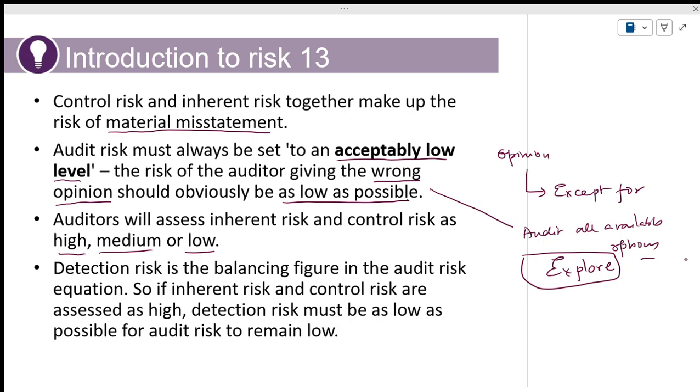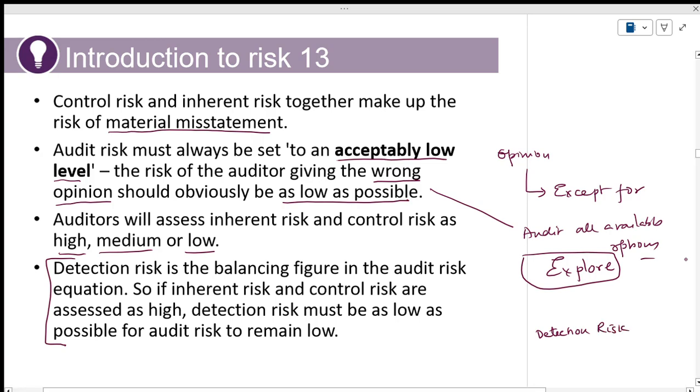Now, just read this question, read these four lines on your own, silently, just with your eyes. It says they are comparing detection risk.